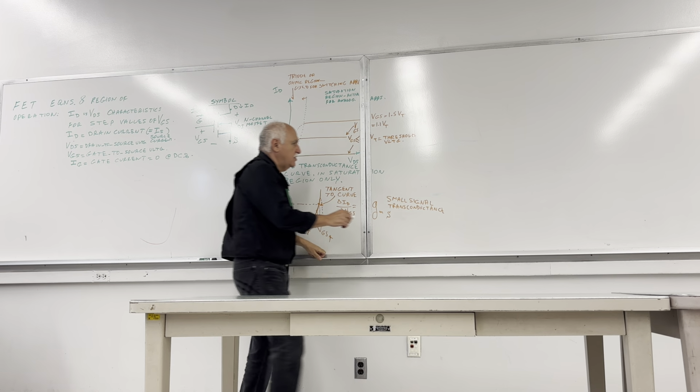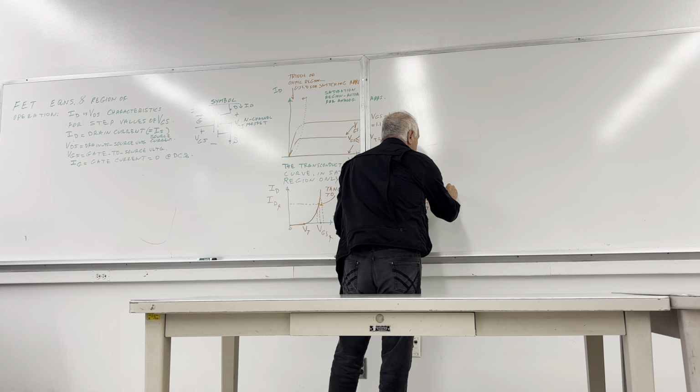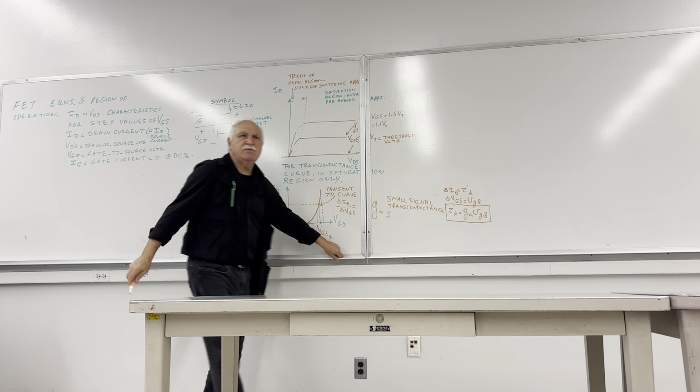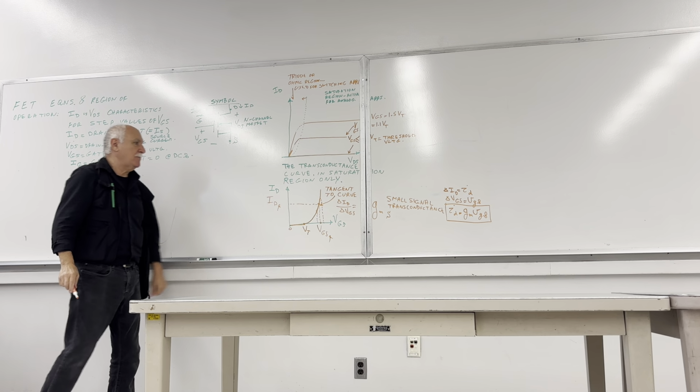In other words, if you substitute delta ID with little ID and delta VGS with little VGS, lowercase VGS, then ID will be equal to GM multiplied by VGS, gate to source voltage. Just the same way that IC was GM times VBE, here it will be ID equal to GM times VGS.